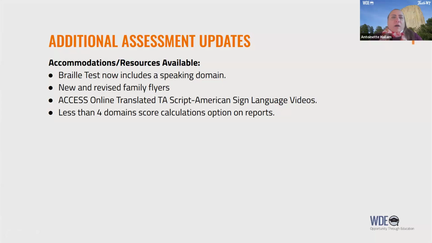There is also updated family flyers, so families have clear, up-to-date information about the assessments and all of the supports that are available. For the Access Online platform, there is also now translated test administrator scripts and American Sign Language videos to better support students and families. And for the first time, there will be reports that can include a less than 4 domains score calculation for students who participate in fewer domains.